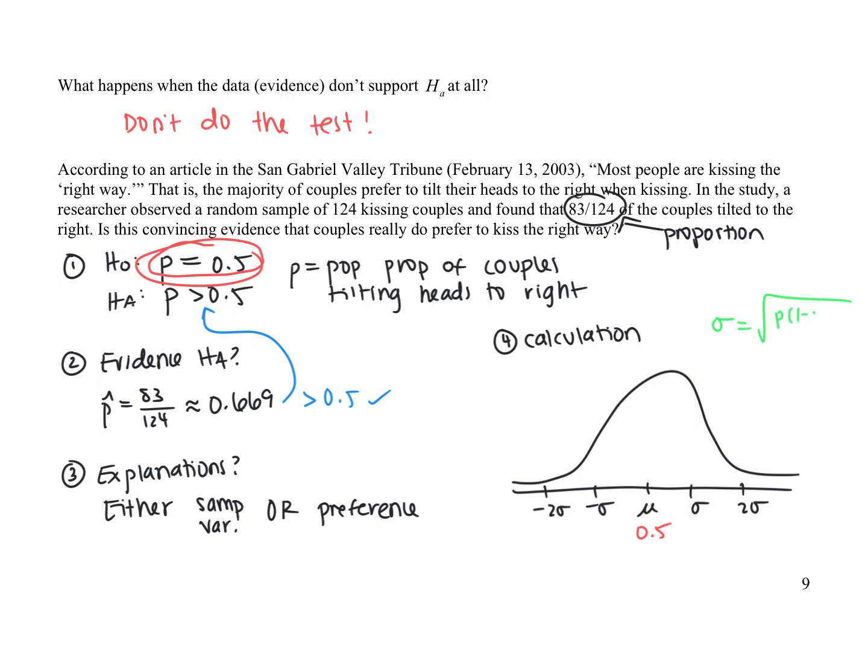The square root of P(1 minus P) all over N. That P is just the 0.5 that comes from the null. And our N is the sample size of 124. That calculation ends up being about 0.05.